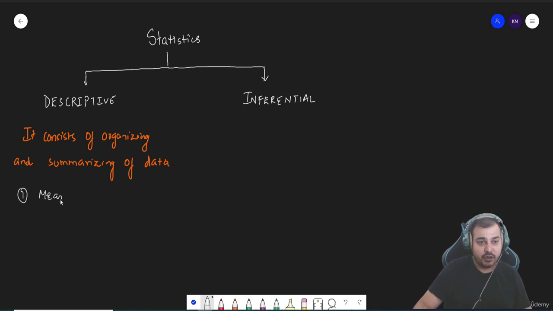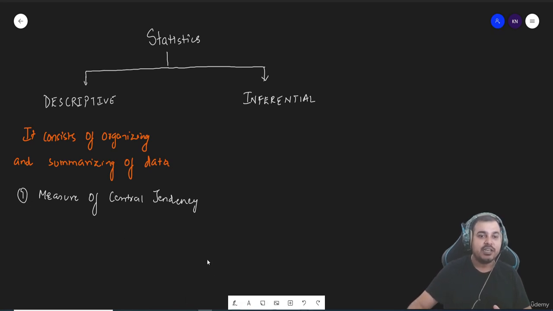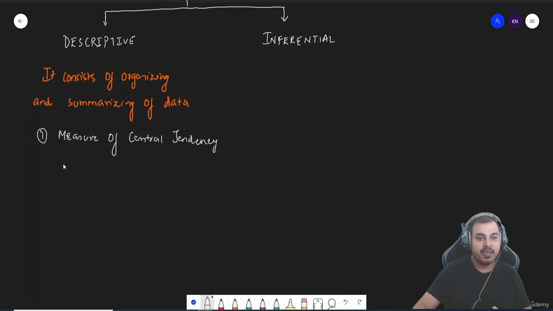One is measure of central tendency. So in measure of central tendency, we usually have techniques like mean, median, and mode. I hope many of you have heard about this mean, median, mode.